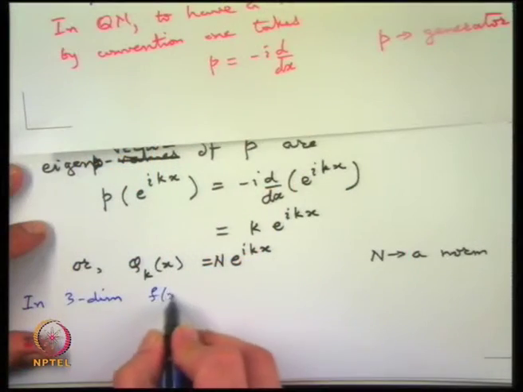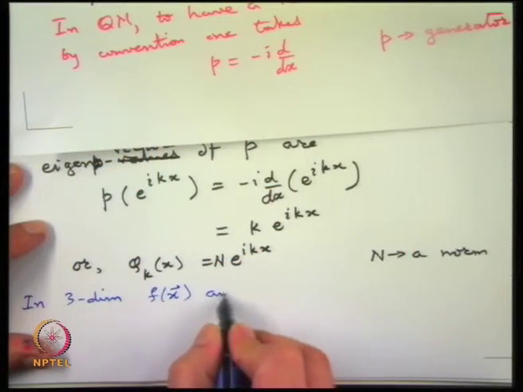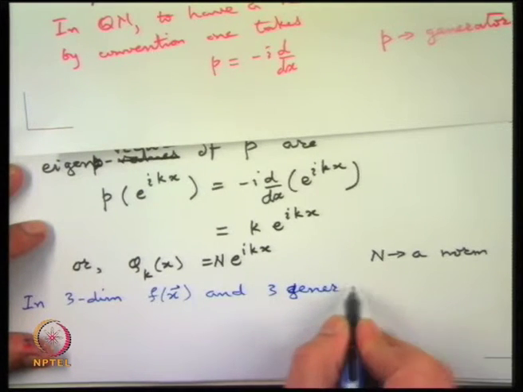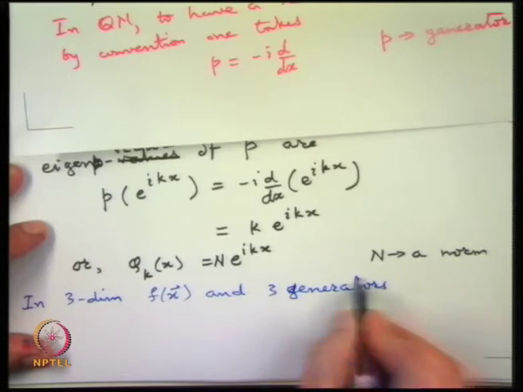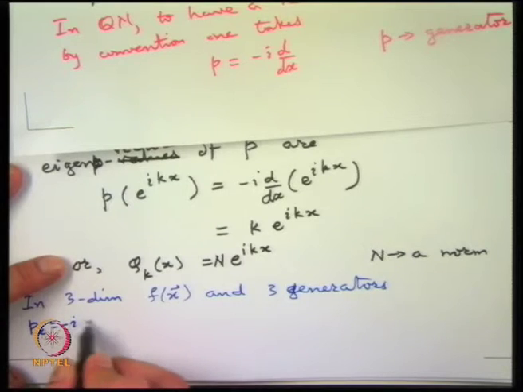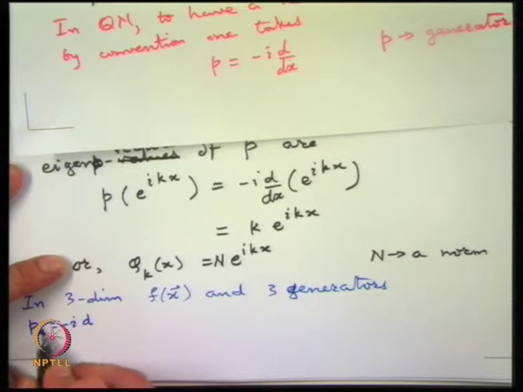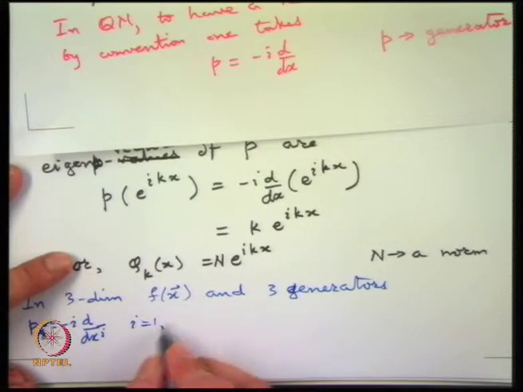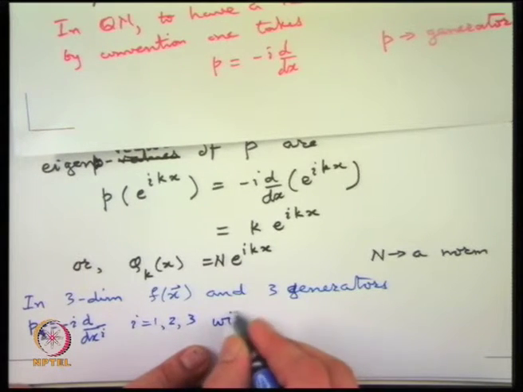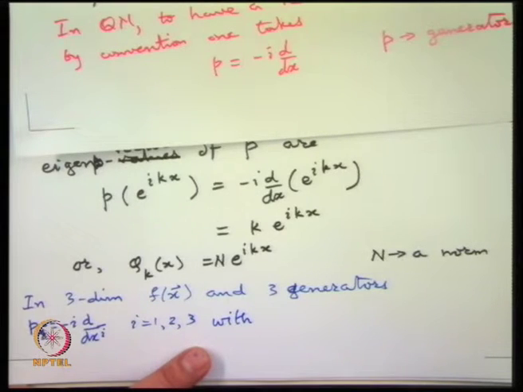So in 3D we have f of x and 3 generators, p_i equal to minus i d by dx_i, i equal to 1 to 3, with the commutation relation that they all commute.